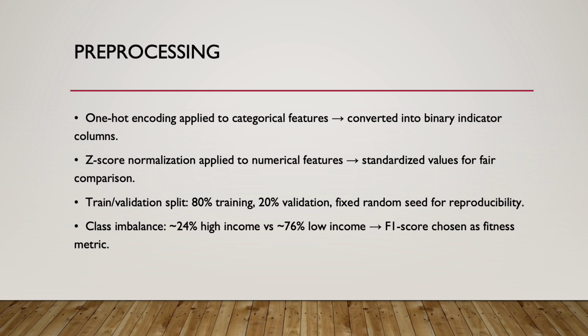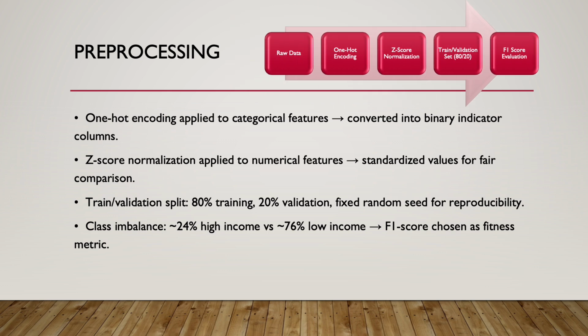To prepare the dataset for genetic programming, several pre-processing steps were applied. We began with the raw dataset. Categorical features were transformed into binary indicator columns using one-hot encoding to make them suitable for numerical computation. Next, numerical features were standardized using z-score normalization.